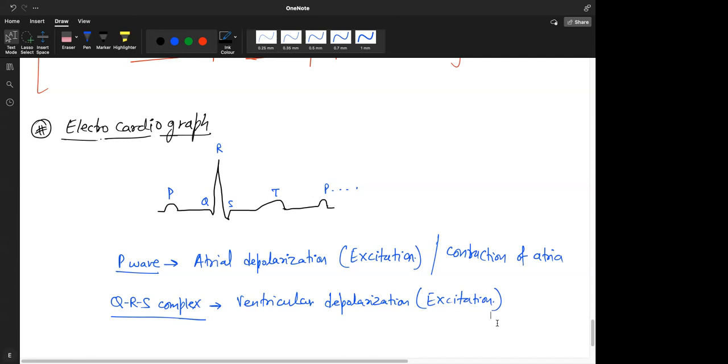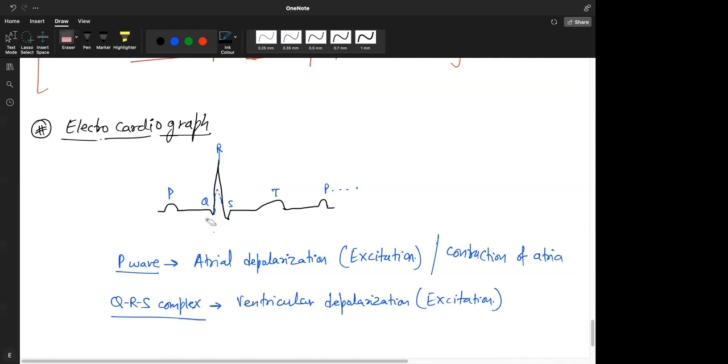So just by looking at the QRS complex, if it is short, let's say it goes up but falls very short here, or if it goes very deep down here or deep down here, or if it is too long, all these things tell us about different heart conditions, that your heart has a problem, your heart is working abnormally.